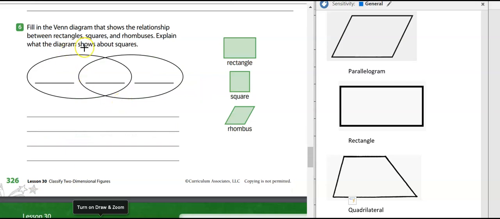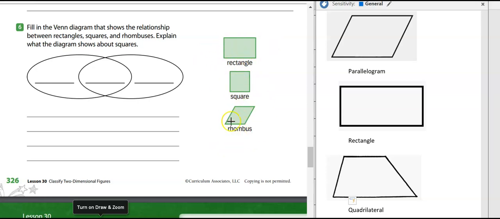We are going to fill in the Venn diagram that shows the relationship between rectangles, squares, and rhombuses. Explain what the diagram shows about the squares. So I have an example of a rectangle, a square, and what a rhombus looks like.